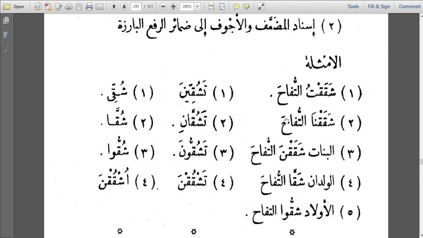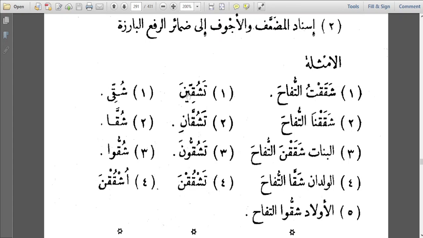And then also when you come to the mudari, now here is madi, and then when you come here it is mudari. It says tashukkina, yani anti tashukkina tufah, you are cutting the apple into pieces.